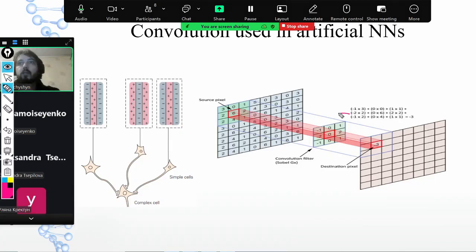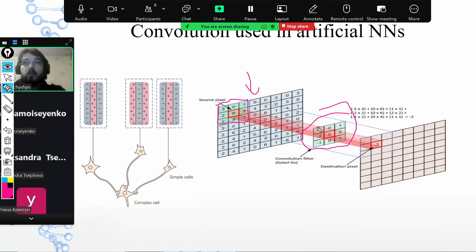You have a thing called a kernel, and here is your input image or input layer, depending on where this convolution operation is in the neural network. You might think of it like you are overlapping this kernel with some part of the image.